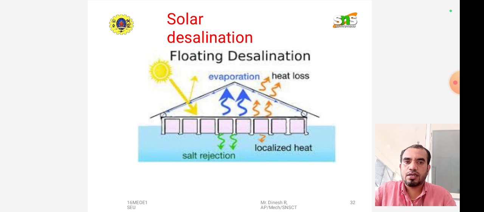And the second one is the transport of this vapor as humidity of the air above the land to cooler regions by convective winds. This is the second phase. And the third phase is the condensation of this vapor and its precipitation as rain and snow.